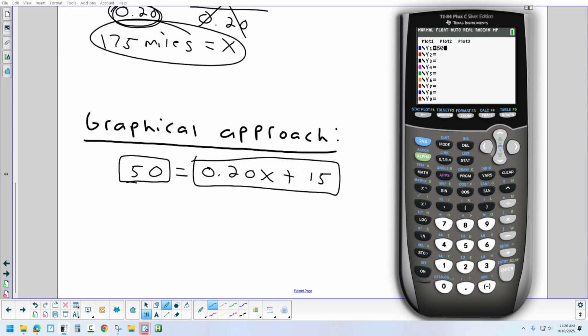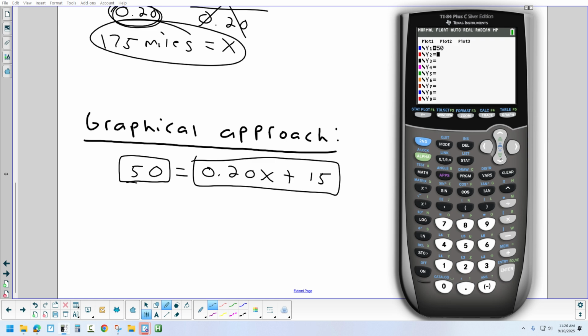What would that look like if you draw that? Straight line. What kind of straight line? Horizontal, and it would be at what number? 50. Okay, so right now we've got a horizontal line at 50. We need to keep that in mind because if we do a standard window, that might not be high enough to see that line.